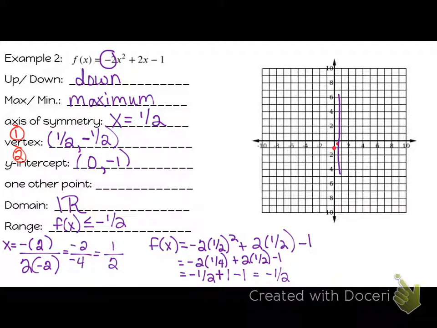Something that's symmetrical to your last one. So what's that ordered pair going to be if I make it symmetrical? It would be 1, -1. Good. So there's where that other point comes from.